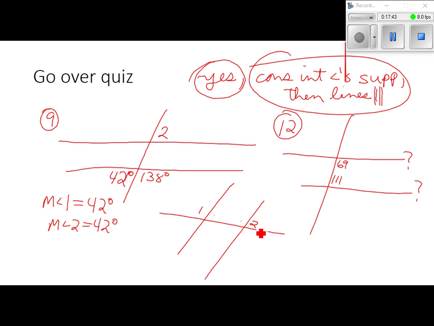Are they on the same side of the transversal? That always made more sense to me, but all the new books say consecutive and they don't worry about the exterior ones. Same side interior angles, which I always abbreviated SSI, had to be supplementary. Guess what was true about same side exterior angles? They have to be supplementary also.